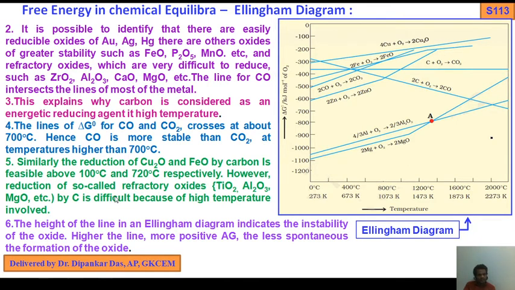However, the reduction of so-called refractory oxides like TiO2 and MgO by carbon is difficult because of the high temperature involved.